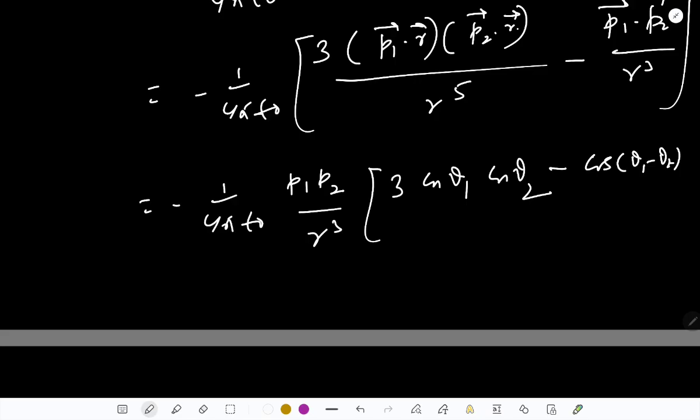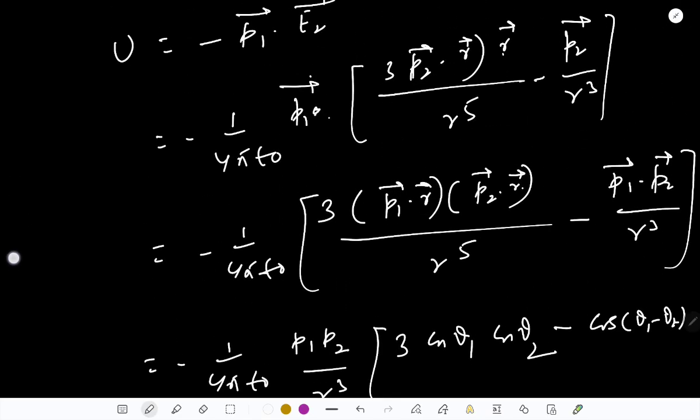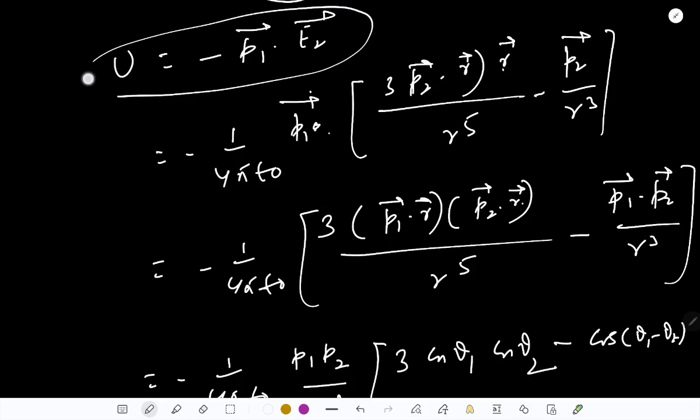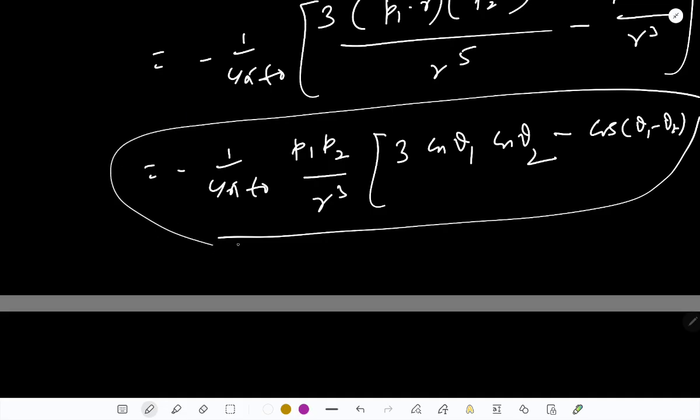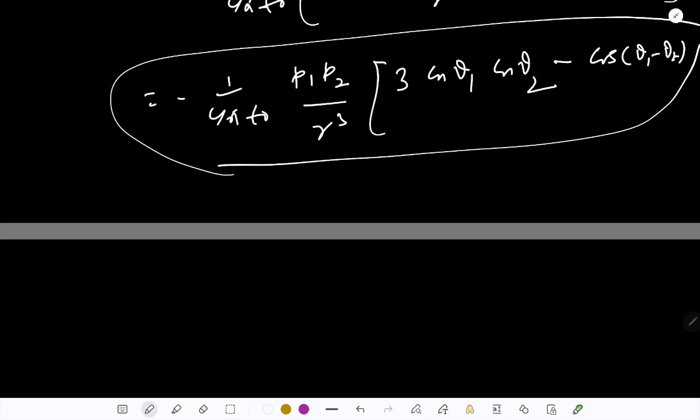Okay, so the result is this. We can calculate this by writing E2, and we got this result. You can calculate it yourself. There is no big deal. So this is the interaction energy of the system.